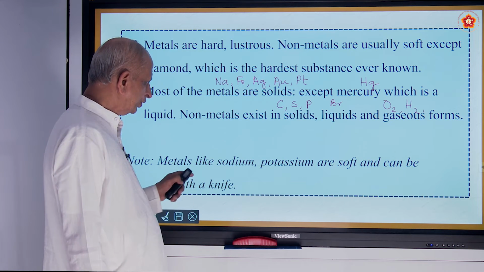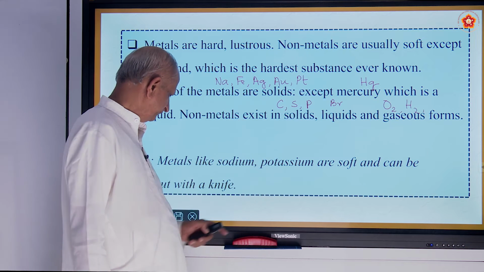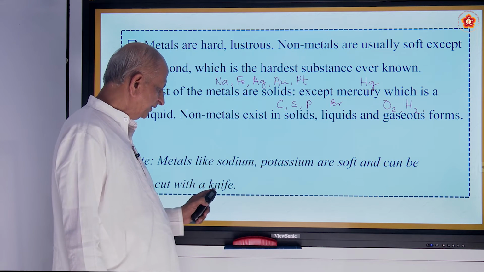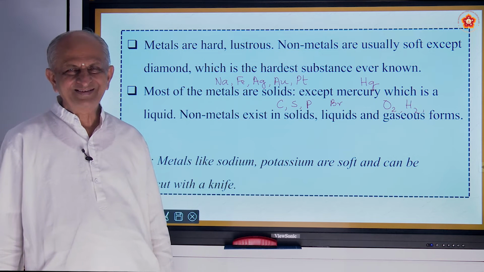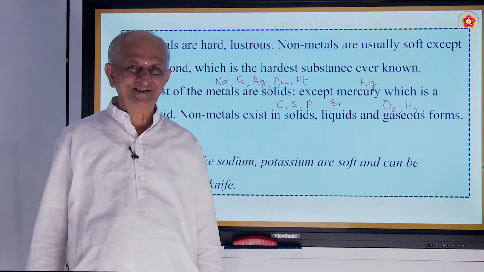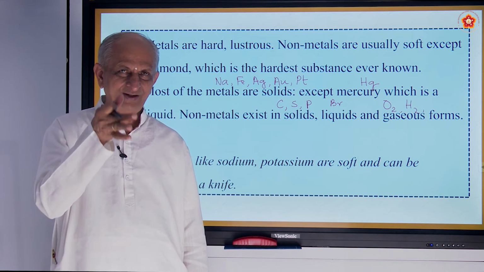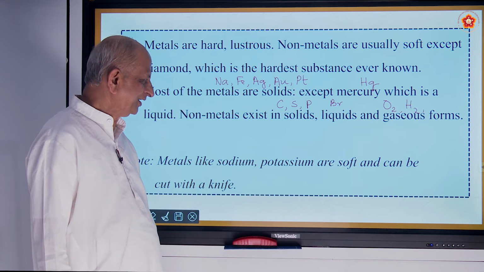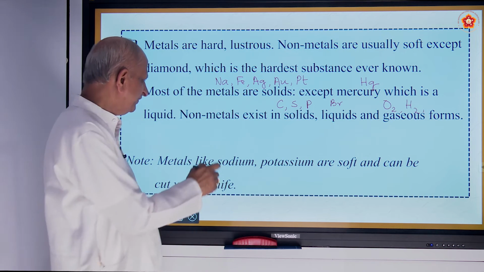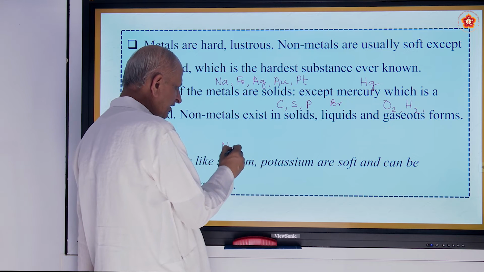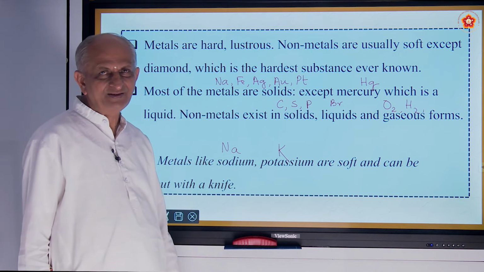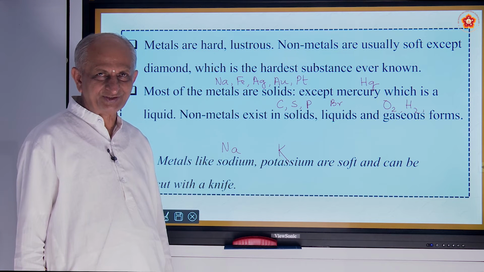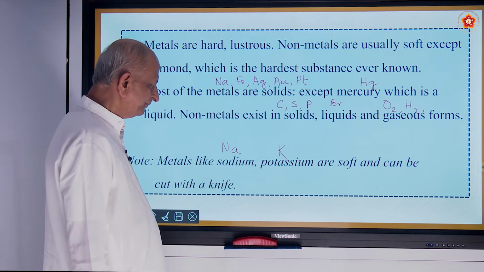So metals like sodium and potassium are soft and can be cut with a knife. Okay, so they are very soft in nature. You can use a knife to cut it. So sodium is natrium, Na. Potassium is K. You studied symbols, correct? You studied in 6th and 7th class, correct?